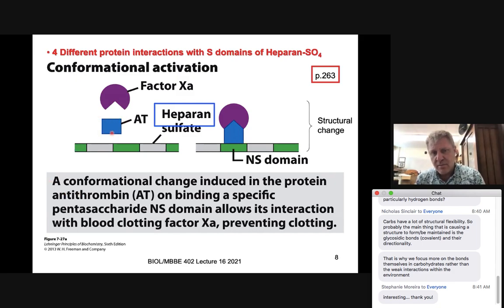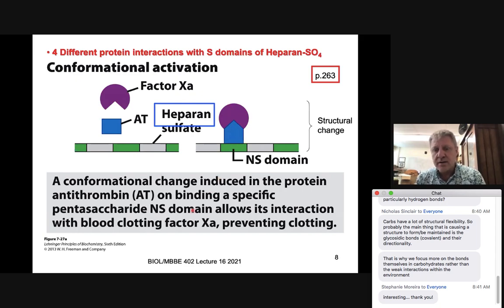So we have a conformational change to induce the protein of antithrombin. Here's the antithrombin molecule that's moving around. It's always present, but it's only going to be active once we bind it to the NS domain on the heparan sulfate. Once that is bound, it has a high activity site, which is going to attract another factor, in this case factor Xa, or 10a. Once that occurs, we get the structural change to bind them together.